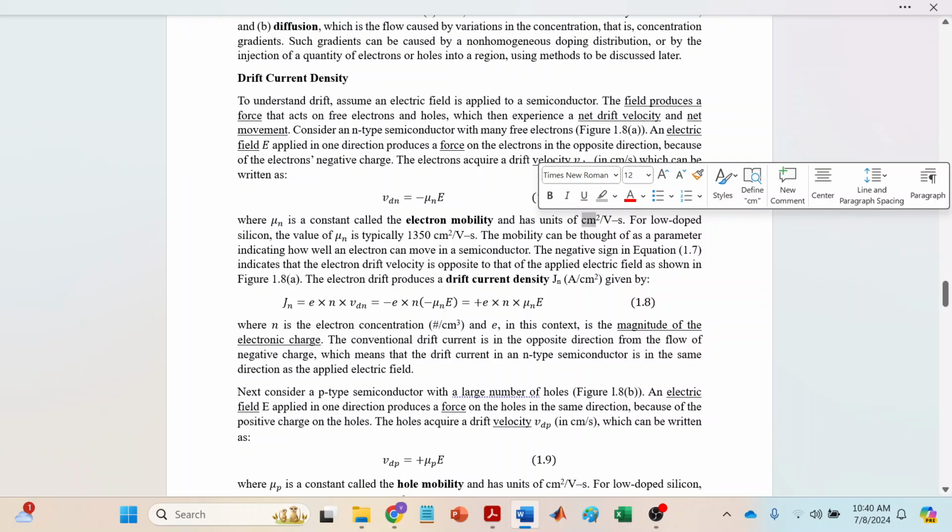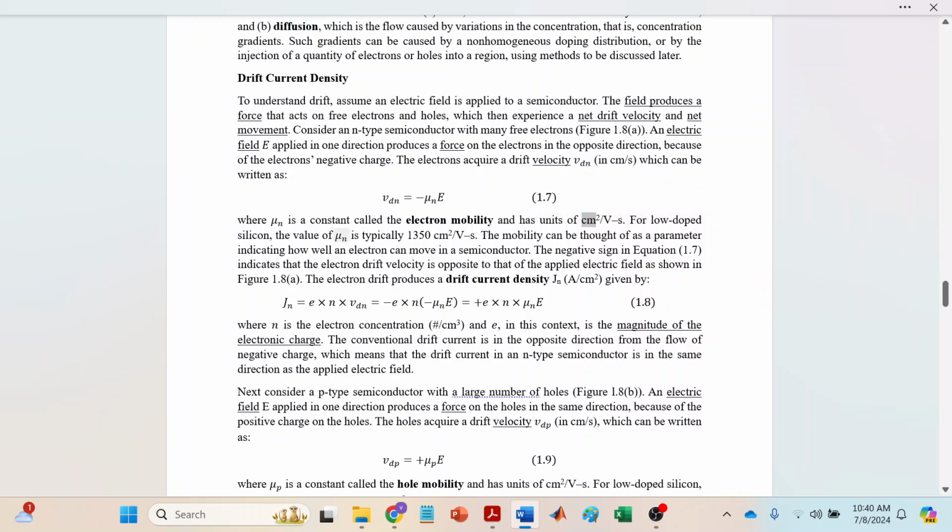So for low doped silicon, a typical value of the electron mobility is given by this constant. The negative sign here indicates that the electron drift velocity is in the opposite direction to the applied electric field.